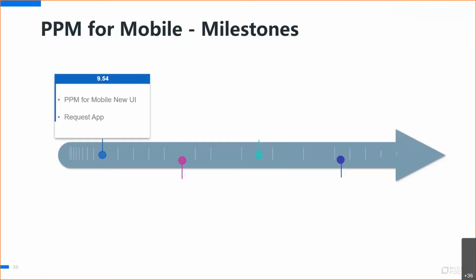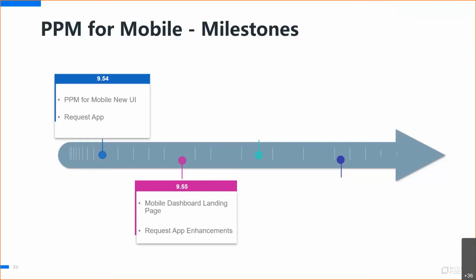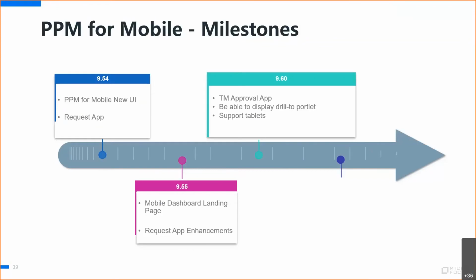In 9.54, this new mobile UI was delivered with a request app. In 9.54.55, a dashboard landing page was delivered, as well as some request app enhancements. In 9.60, the timesheet approval application was delivered with some drill-down portlets and support for the tablet.